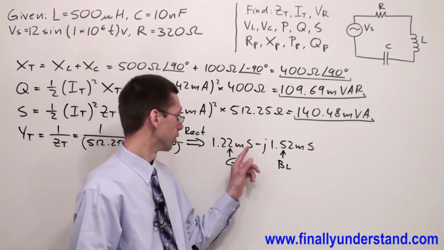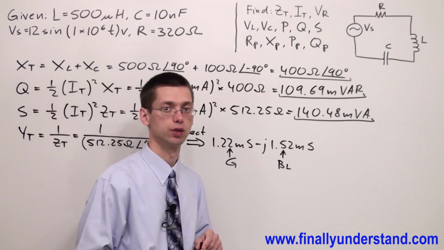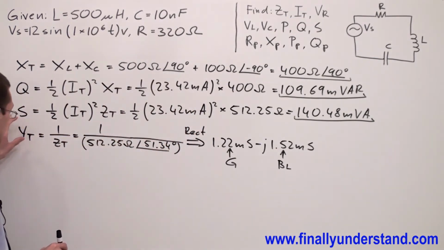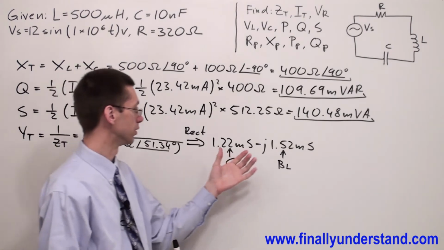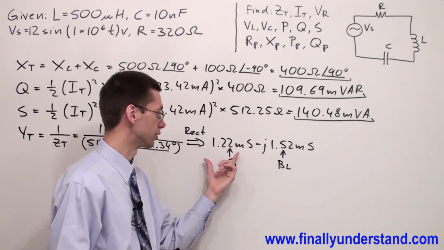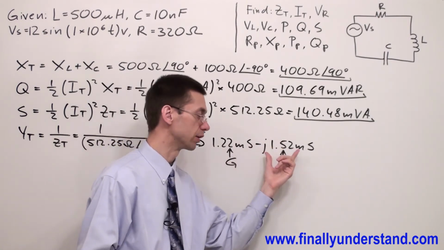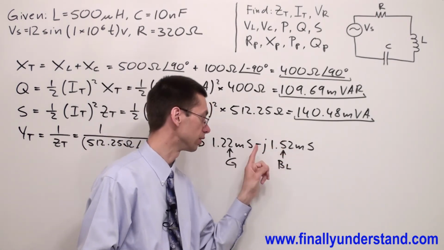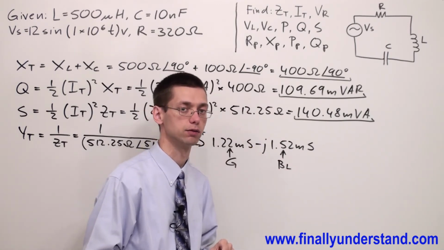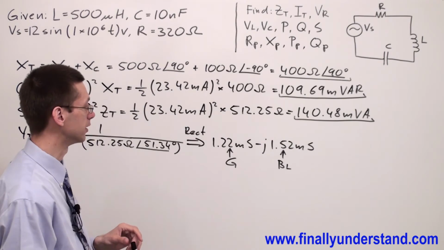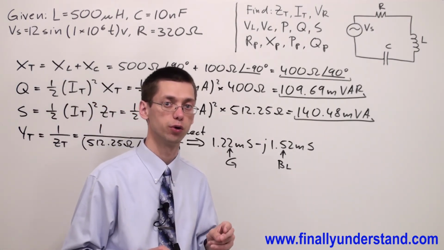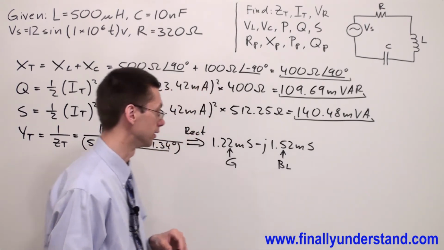Because we have a negative sign next to J, and we are talking about the admittance. So this is the total admittance expressed in the rectangular form, where the real part represents the conductance and the imaginary part represents susceptance. But if we have a negative sign, it means that we are talking about the inductive susceptance. So in the parallel equivalent circuit, we are going to have two components. We are going to have a resistor and an inductor.